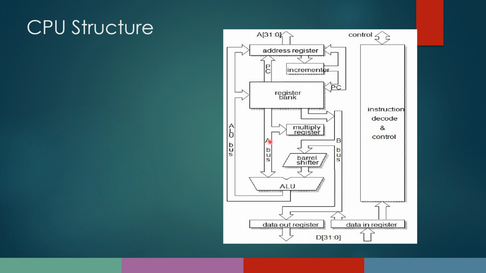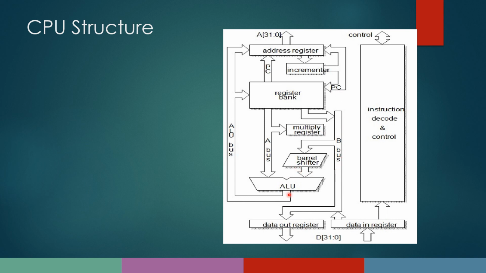Now for the time being, we have to learn how to draw this particular figure. That is, understand the operation that there will be two buses, the A bus and the B bus, one directly going to the ALU, and the other going to the ALU only by means of the barrel shifter, and all these buses are interconnected.